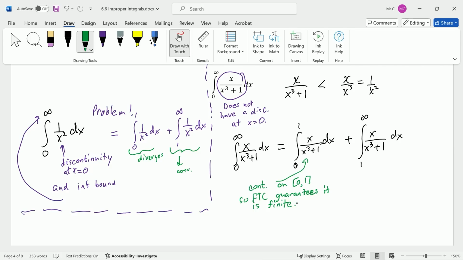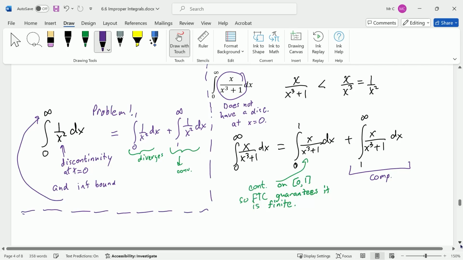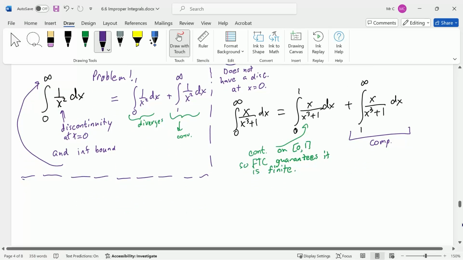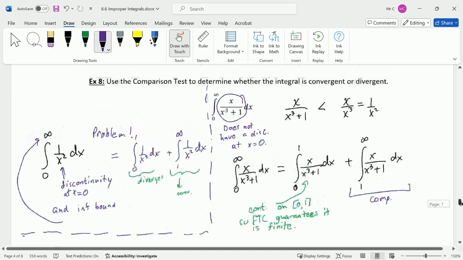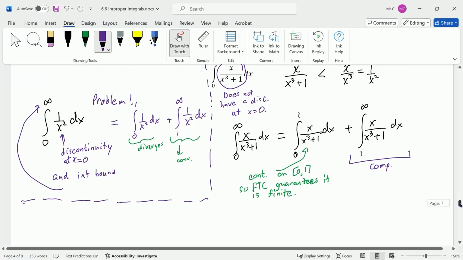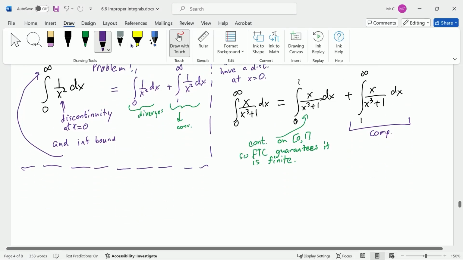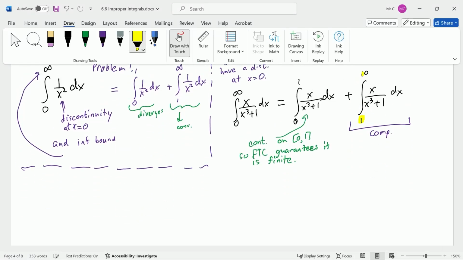So we've got that the one portion of the integral is finite, and now we'll do the comparison with the second portion of the integral. So now the comparison that I figured out, the 1 over x squared, is perfectly fine because I only need to actually do the comparison from 1 to infinity. So I look at my integral from 1 to infinity of 1 over x squared dx.